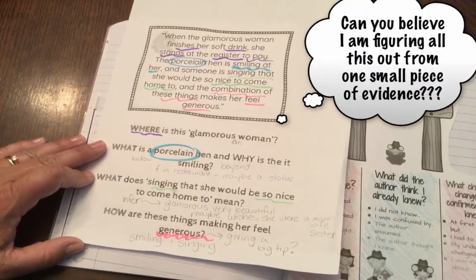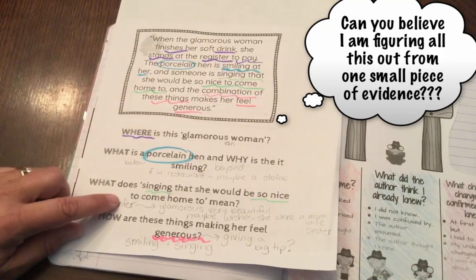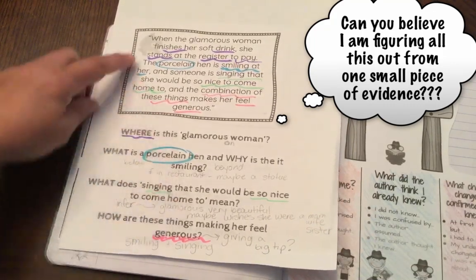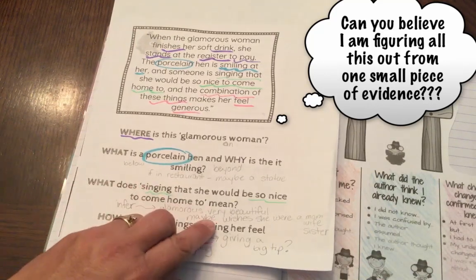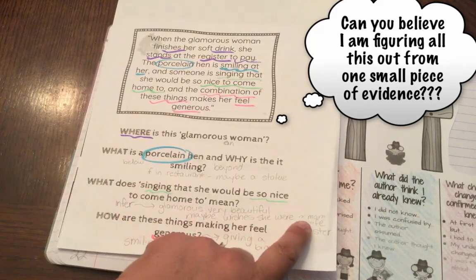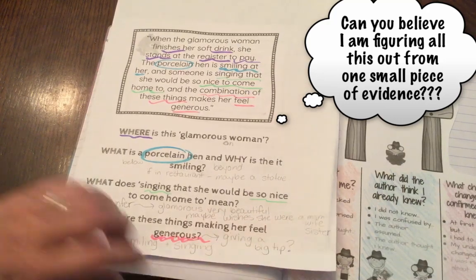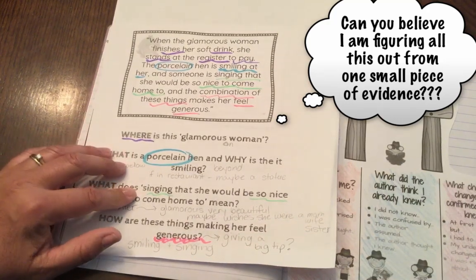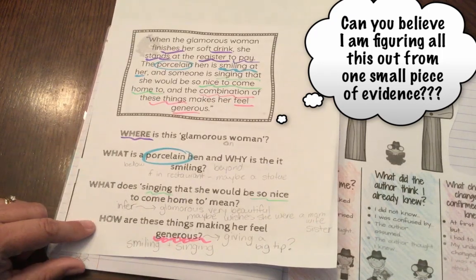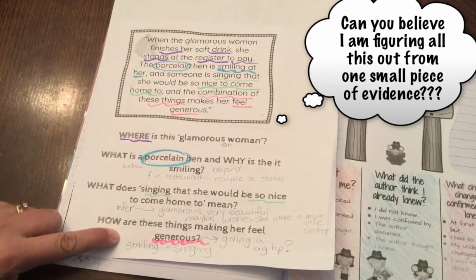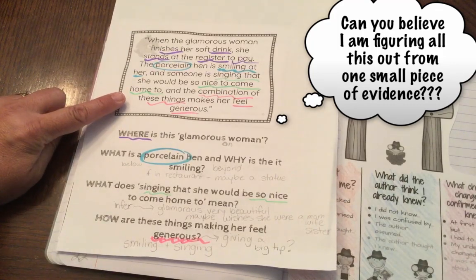The singing that she would be nice to come home to, I'm inferring that maybe because it says she's glamorous, she must be very beautiful. And so maybe whoever's singing wishes she were maybe their mom, their wife, or their sister. And then it'd be really nice to have her come or be at their house. Now, this is where I really thought deeply, because it said it makes her feel generous.